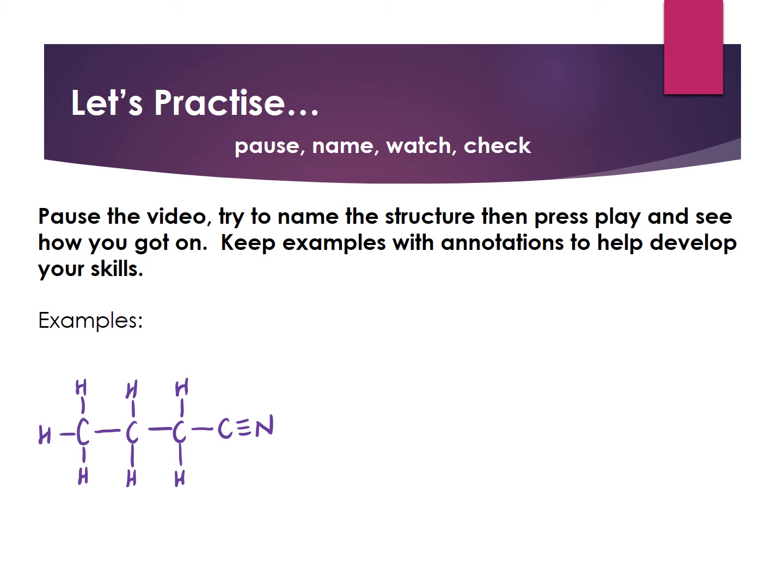Next one, reasonably straightforward, but something to remember here is that this carbon of the nitrile group also forms part of the longest chain. So we would call this one butane nitrile. Important not to forget this E here, okay, butane nitrile.